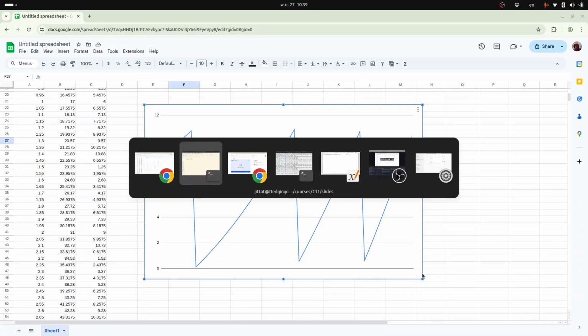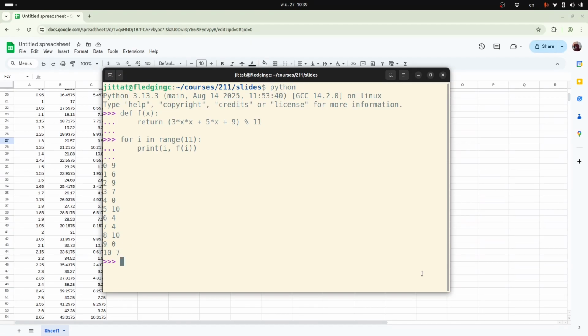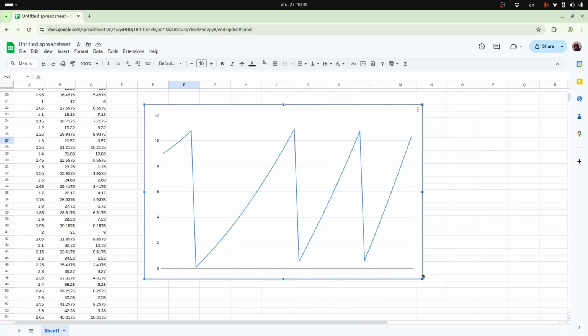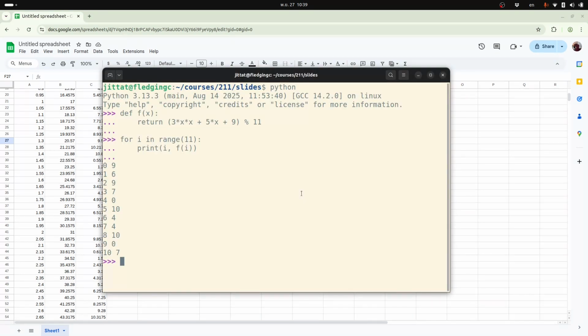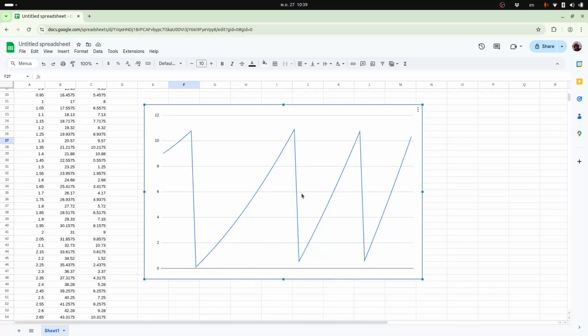Okay, so if you look at this, 1 is 6, right? So 1 is 6, so it's probably here. This is 1, I think. And then the next number is 9 at 2, right? So it's going to be here, I think. So this is 2.